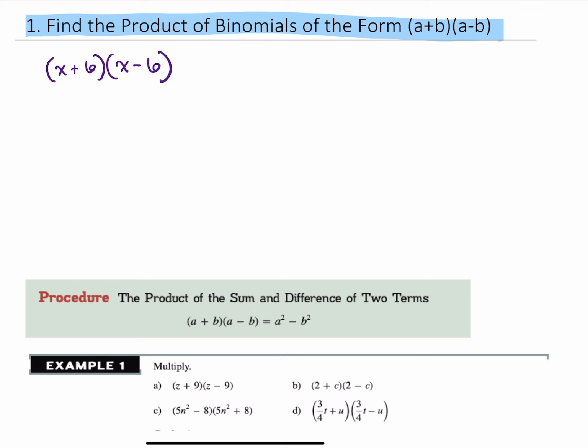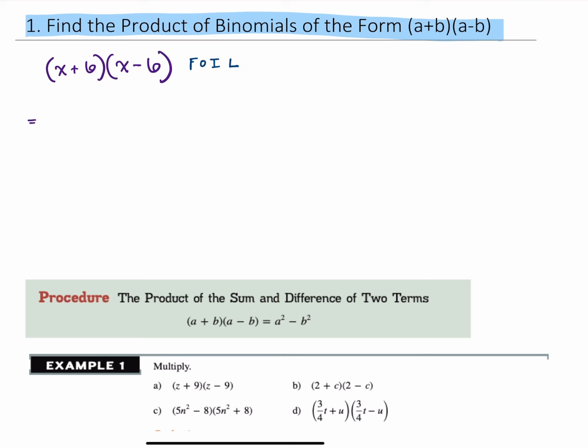So we have the same two terms, x and 6, and in one factor, in one set of parentheses, it's being added, and then in the second, they're being subtracted. So let's just multiply this out as we've done previously using FOIL, so by multiplying the first, outer, inner, and last terms. And let's see what we get, and see if we can see the general pattern.